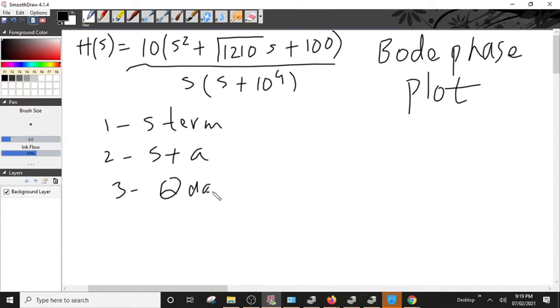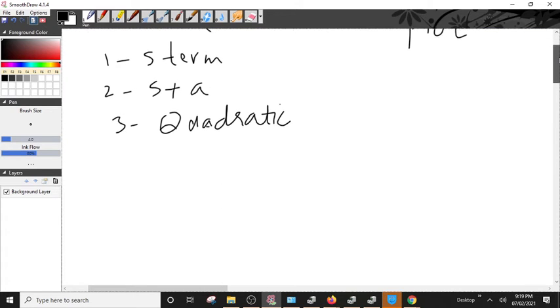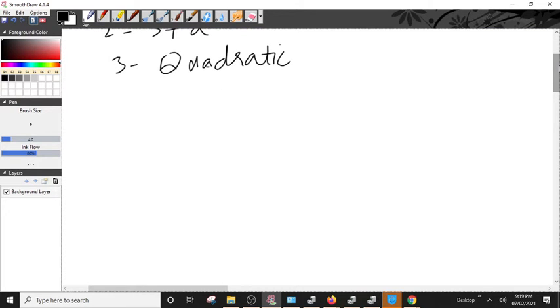So there is no role of the gain k value in the Bode phase plot. In the Bode magnitude plot we have seen that it decides our origin, but in the Bode phase plot it doesn't have any role. So we will only see these three things. Let me just explain these one by one.